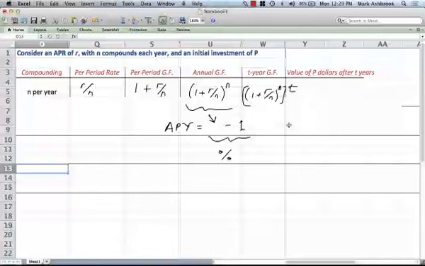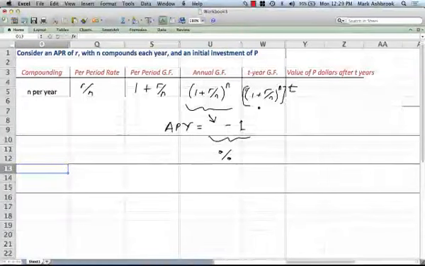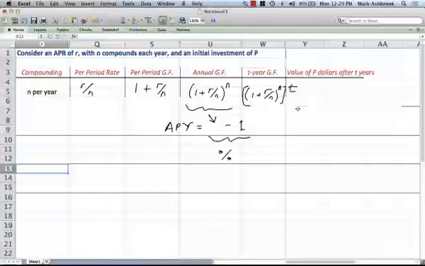So you take what you have before and raise it to whatever years you want, which is T. What is taking it to the T telling us to do? Take the 1-year growth factor and what? Nathan. Multiply it together, T times. Every year that goes by, you multiply by the annual growth factor. So in T years, you multiply it by the annual growth factor T times. That's why we raise it to the T.